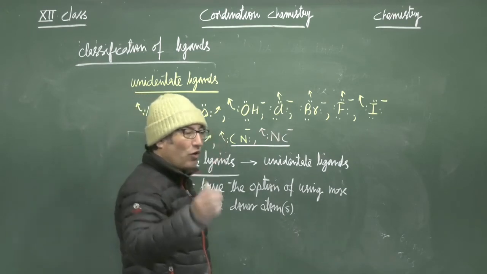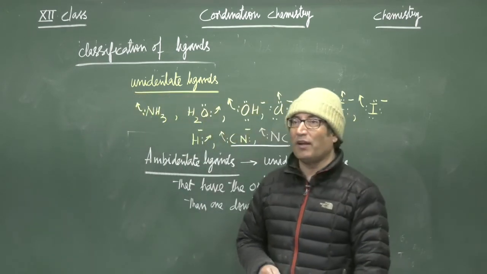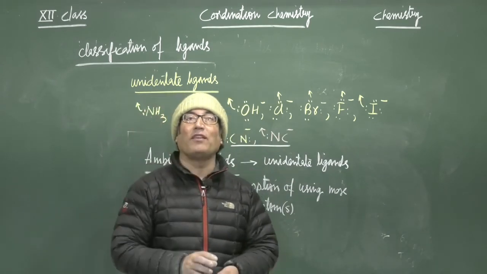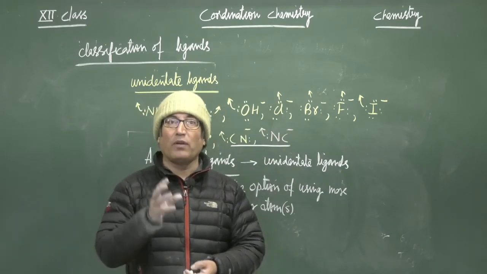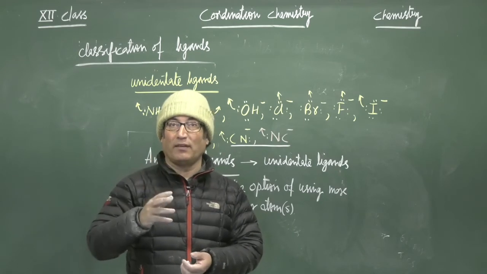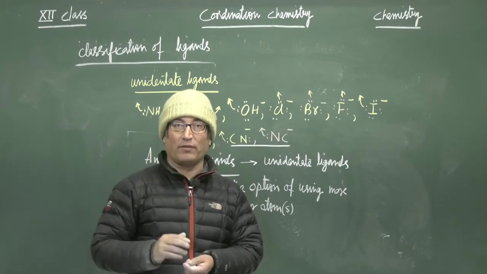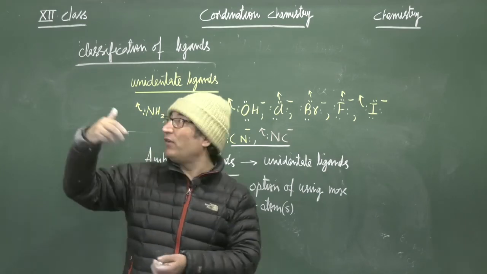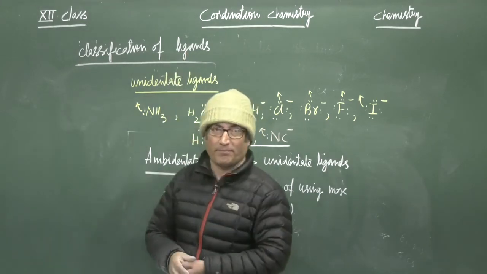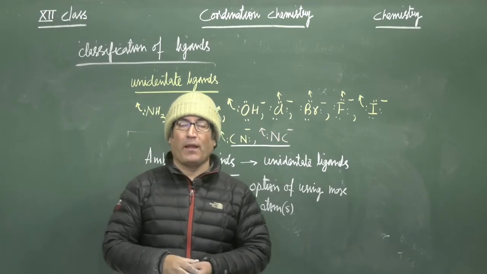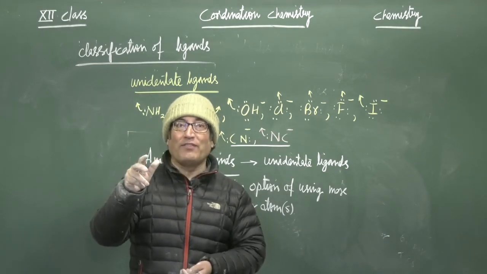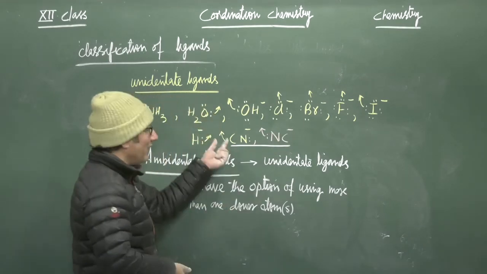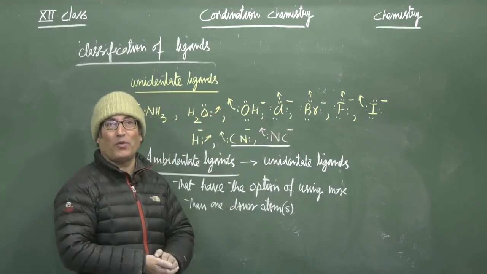Now if I take you to organic chemistry, in organic chemistry, there are attacking reagents called nucleophiles. Nucleophiles are electron-rich species. They are electron pair donors. There you use the technical term nucleophile. Here we use the technical term ligand. There are some nucleophiles which are ambident nucleophiles. And cyanide and isocyanide are taken as ambident nucleophiles.